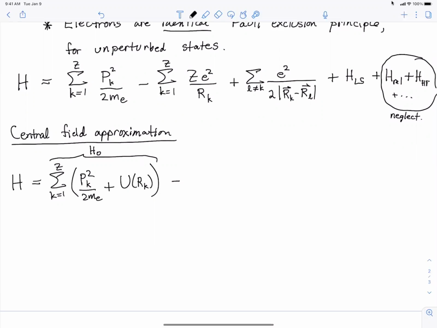And then there's going to be this part. So look what I've done. I've just subtracted off u again. So really, I've done nothing. No matter what u is, I've done nothing really. But now I add in the attraction to the nucleus. And then I add in the really complicated part.